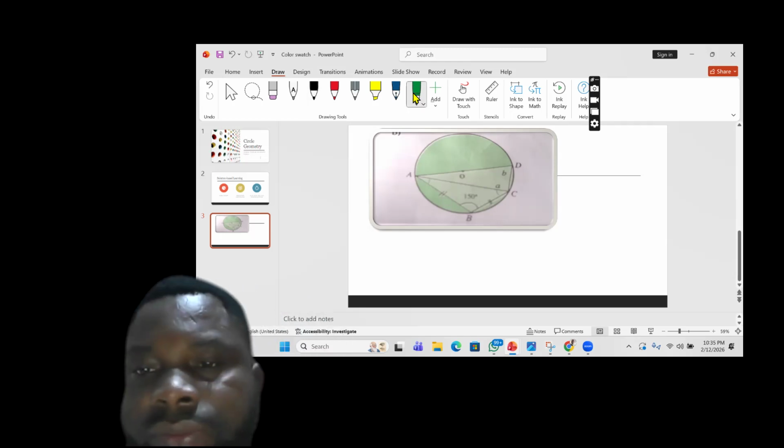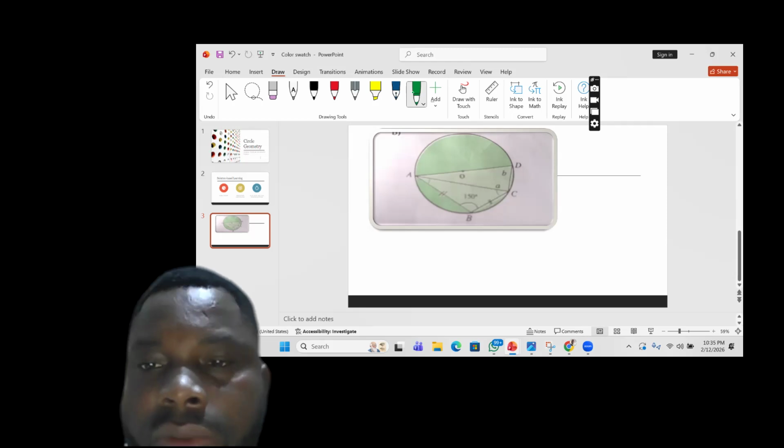Angle ACD, which is also labeled as angle A, is equal to 90 degrees.